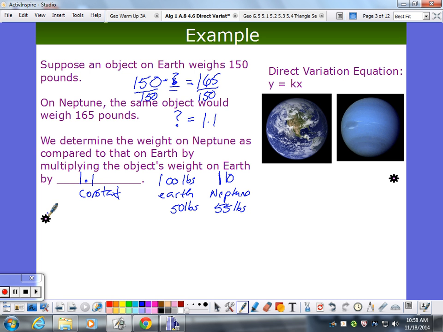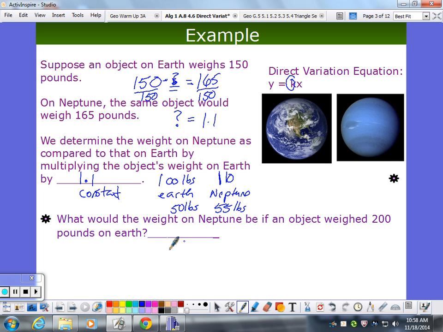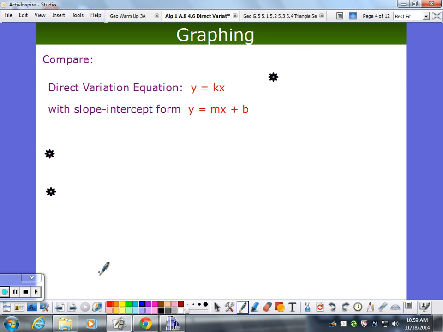The constant of variation is that 1.1. What would it be if it's 200 pounds on Earth? 200 times 1.1 is 220. So that's the constant of variation, 1.1. Whatever value it is, you multiply by this, and you can do a conversion in this case. That's a direct variation.